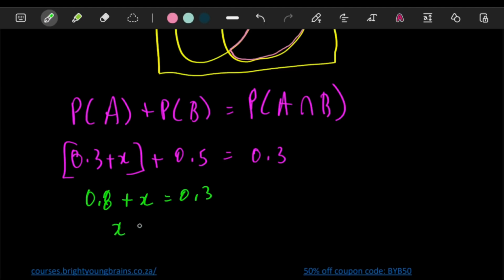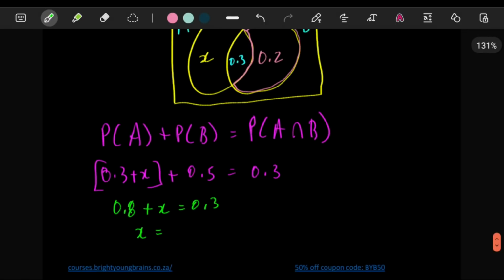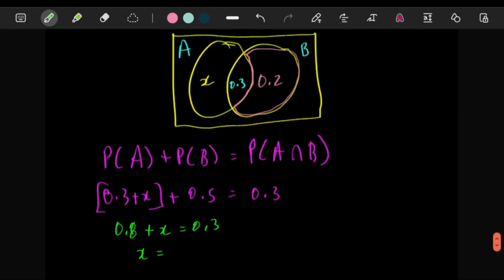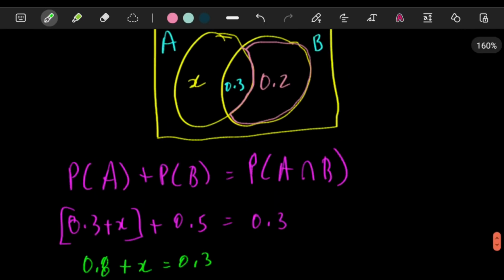And then X alone. Come on, man. This is just messed up. This is not fair. Why is it not working out? Probability of A, probability of B, probability of A and B. No, it's times, not plus. Excuse me.